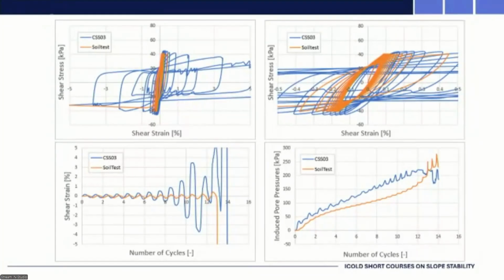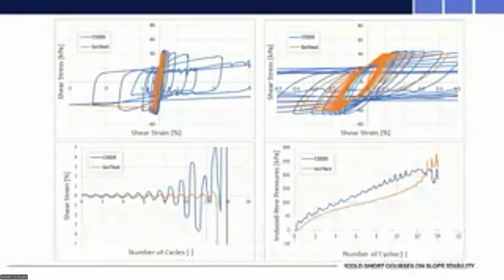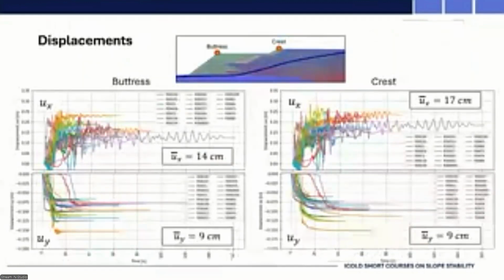If we move to the lower part of this figure, you'll see that the shear strength with the number of cycles goes more or less very well until 8, and then there is a significant difference between what we see in the laboratory with respect to the simulation, but with the induced pore pressure, which is bottom right, the difference is not that large.